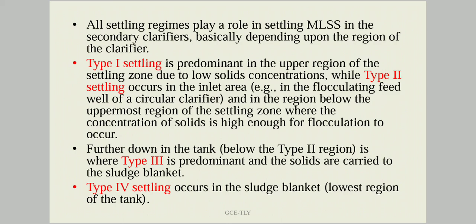So type 2 settling is where flocculation occurs. Further down below the type 2 region is the type 3 region. Here the solids are carried into the sludge blanket, and type 4 settling occurs in the sludge blanket, that is the lowest region of the tank. At the bottommost region, type 4 settling occurs.